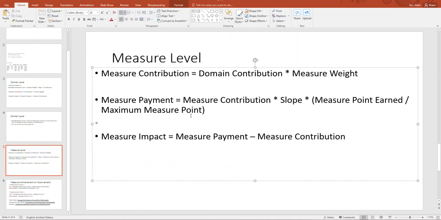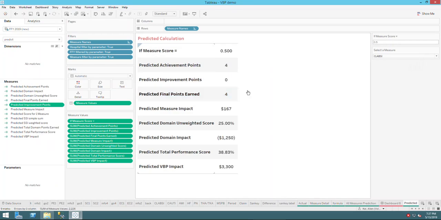That's how you break down from your institutional payment to your domain payment. And for each domain, there are also different numbers of measures. Now it's actually the same thing. You break down the domain contribution and the domain payment into the measure level. So basically, you just multiply by the measure weight. For example, let's say you earn 4 points out of 10.